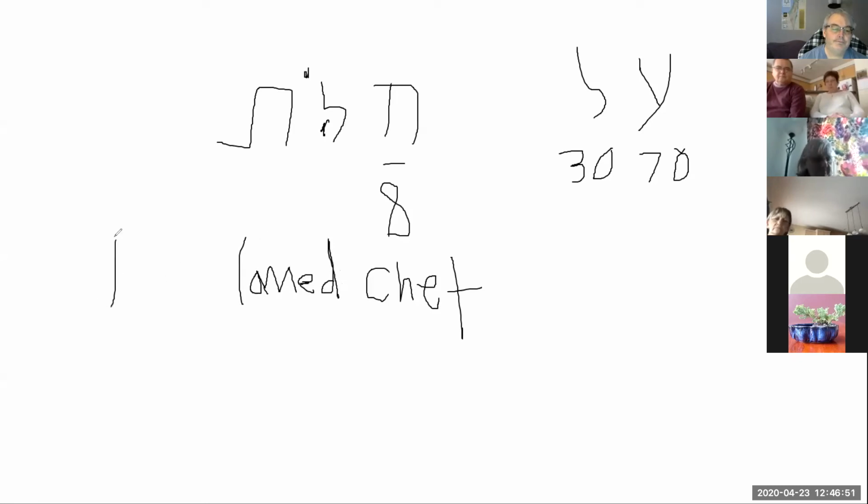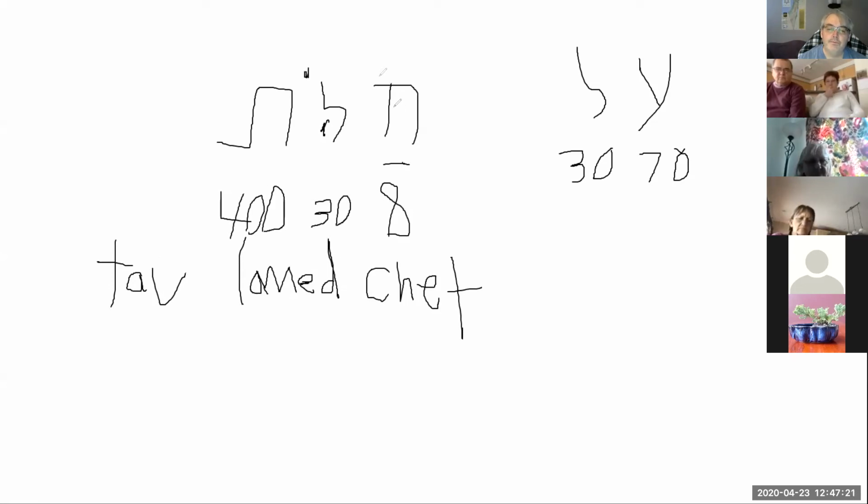And then you get the lamed, the shepherd's staff, and then you get the tav, which is a marker or a cross in the Hebrew, pictographically. But we're not going to go off on the pictographs too much. That's another day's study. What we're looking at is a numerical value. Here you have het is 8, lamed is 30, and tav is 400, so you get 438.